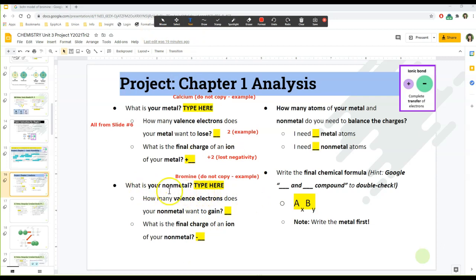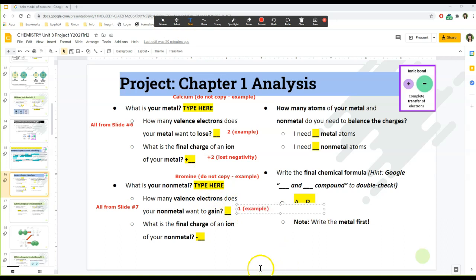What is your nonmetal? Again, I said mine was bromine, and all of these are from slide number 7. How many valence electrons did my nonmetal want to gain? Again, bromine was in group 17, has 7 valence electrons, just needs to gain 1 more to get to a full shell.